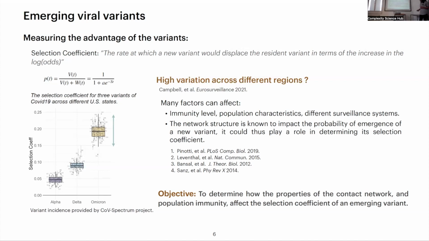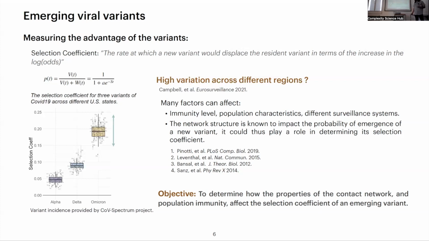But as I mentioned earlier, there are extensive number of studies that suggest that network structure can also affect the co-circulation and interaction between two variants. So this means that in principle, network structure can affect the selection coefficient, the advantage of a virus. And let's see if it can explain at least a portion of this diversity or not.